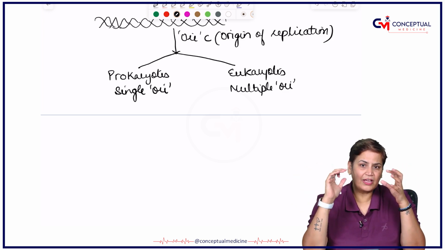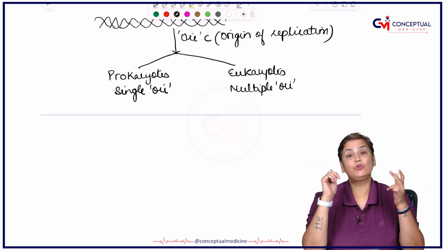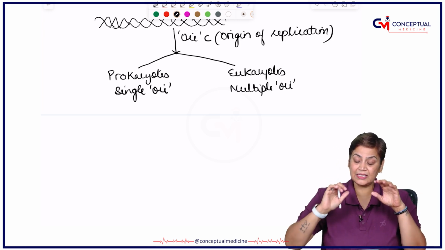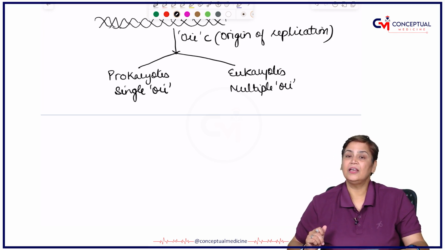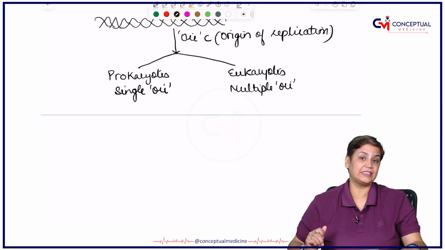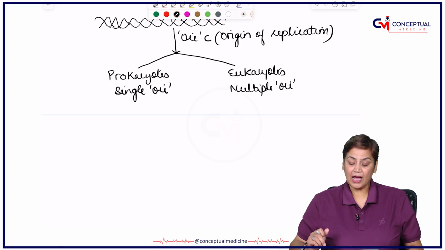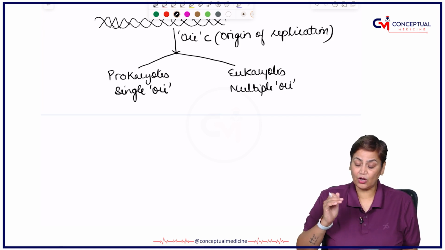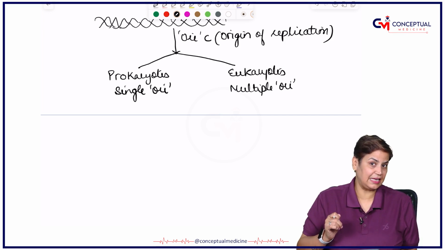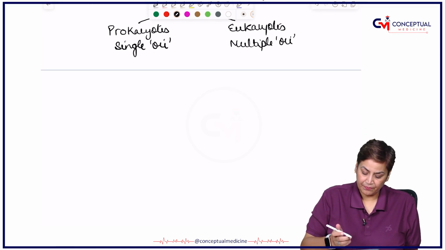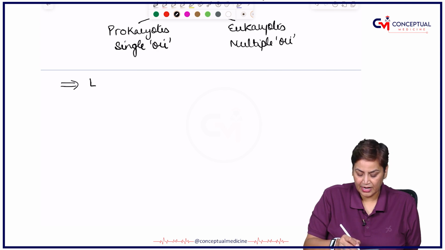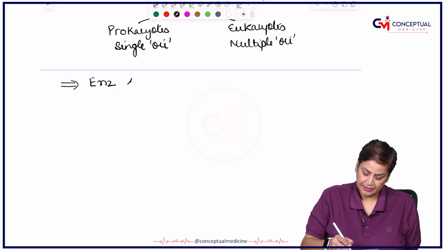So whatever stress and strain is produced, we have to release that also. So it's a very complex procedure which requires so many enzymes to work. So what is the list of the enzymes when the origin of replication is selected? They are the enzymes required for replication.